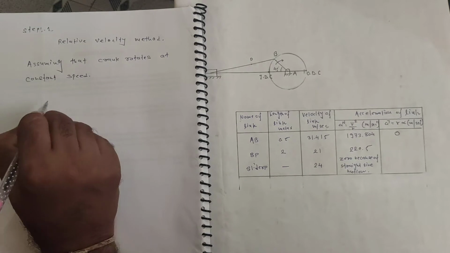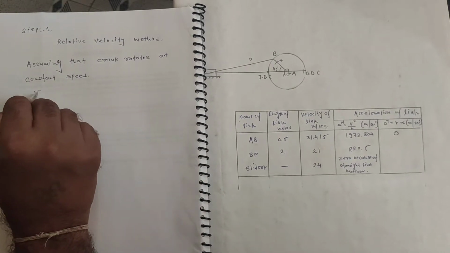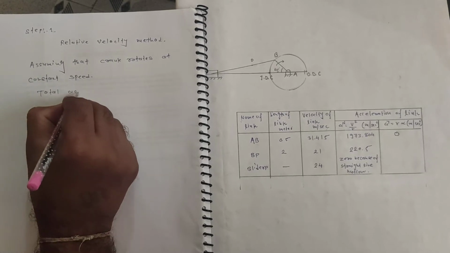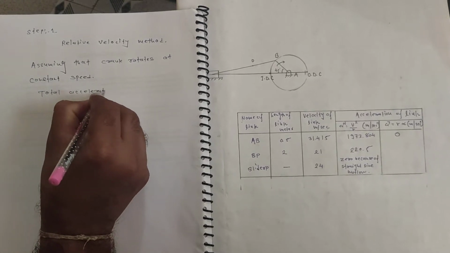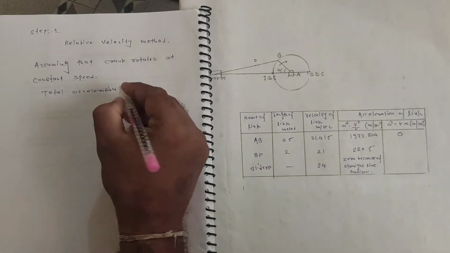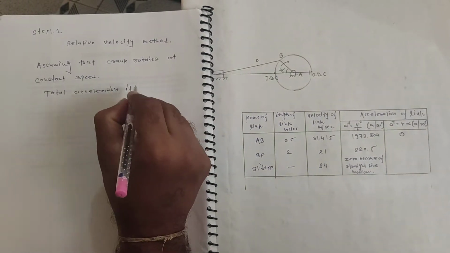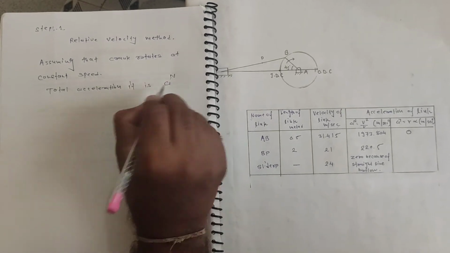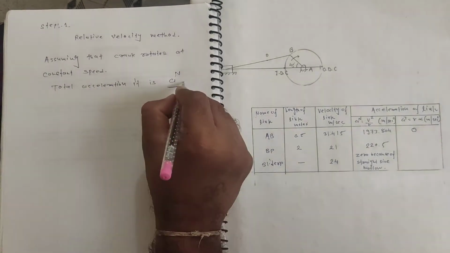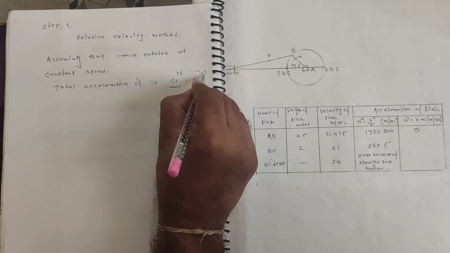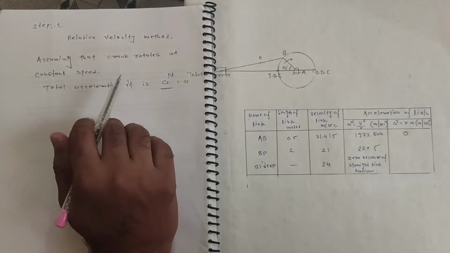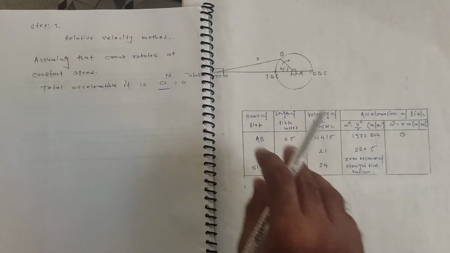Then the total acceleration is the normal acceleration, because the tangential acceleration is 0. So for understanding this acceleration diagram, we have to make this table.